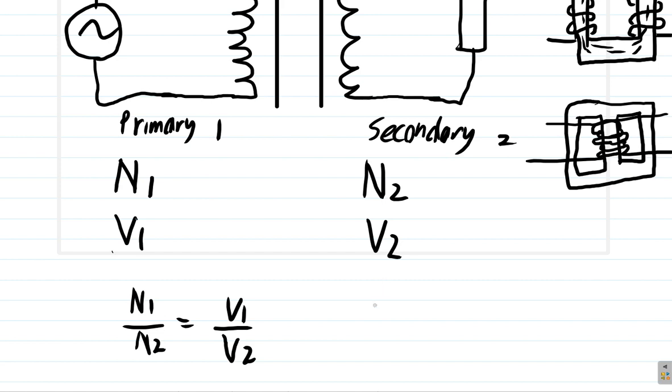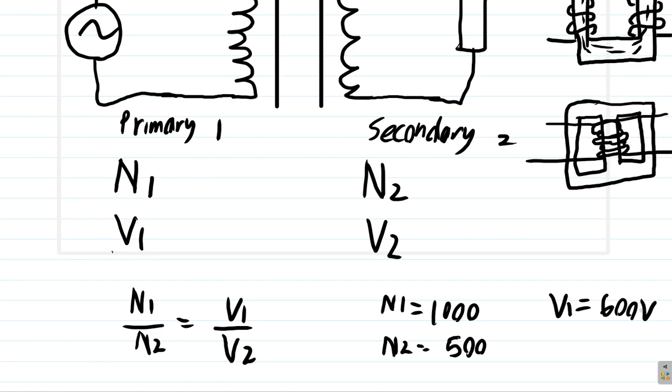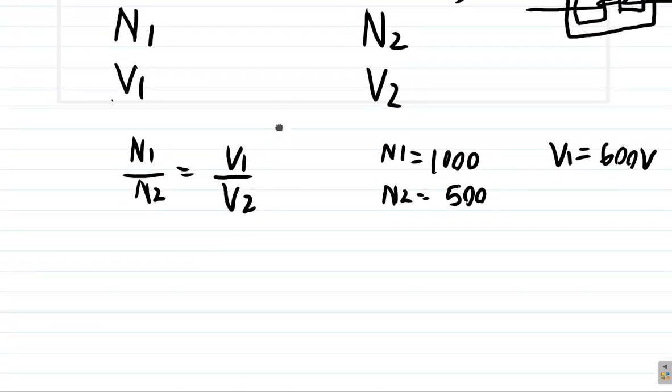Because what happened now, as an example, you have N1 being 1000 turns for argument's sake, and N2 being, let's say, 500 turns. You apply V1, let's say, you apply how many volts? 600 volts to the primary side.